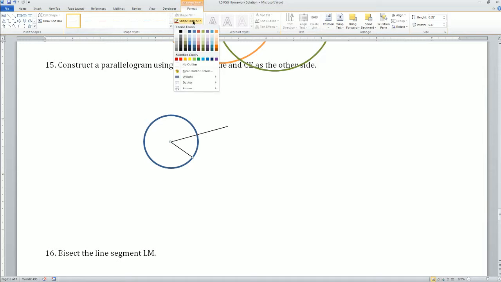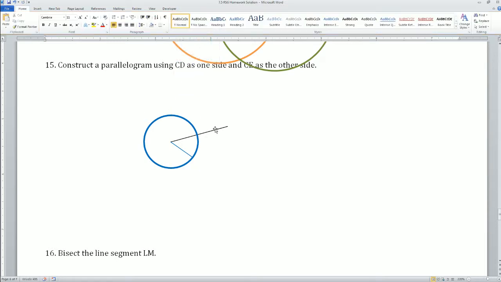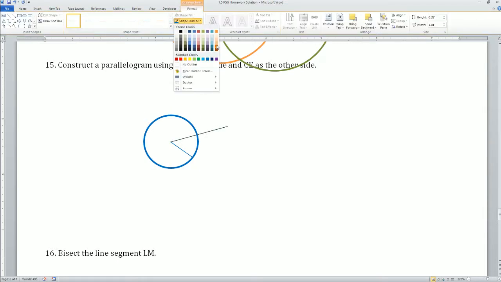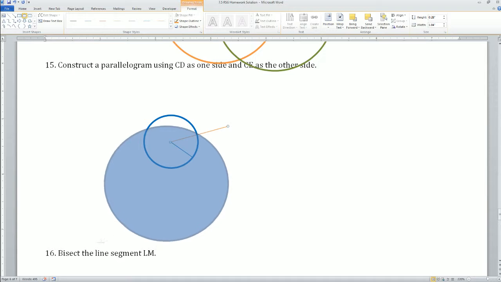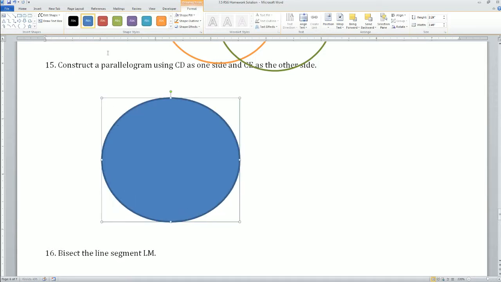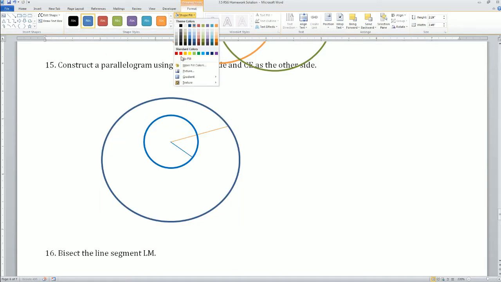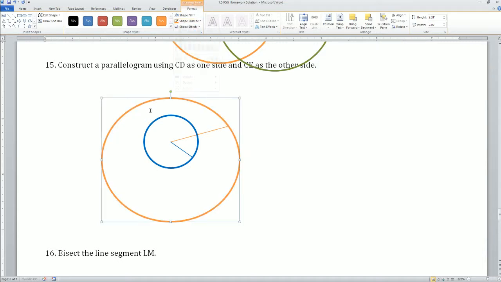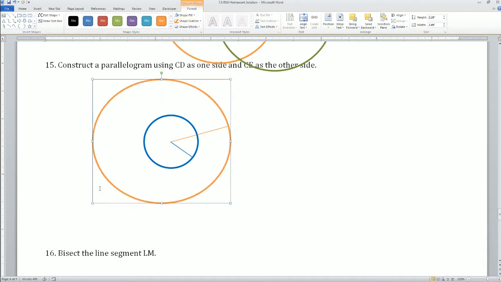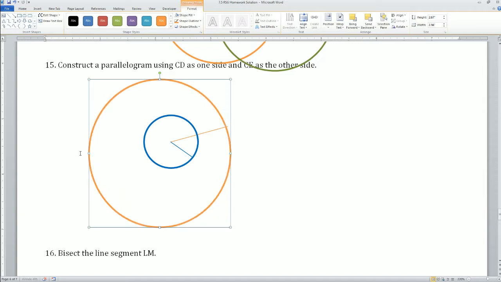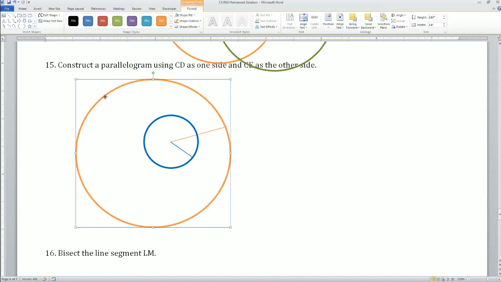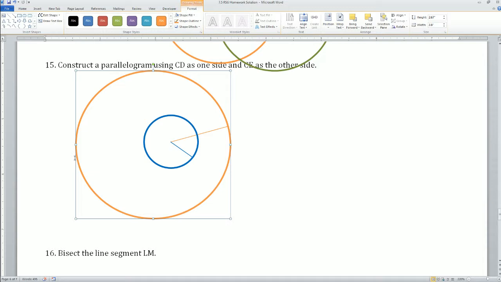I'm going to make that one blue. This one also will have to be blue. The long one is going to be orange. So I'm going to make an orange circle now. And that's going to be my radius. No fill. And the outline is going to be orange.